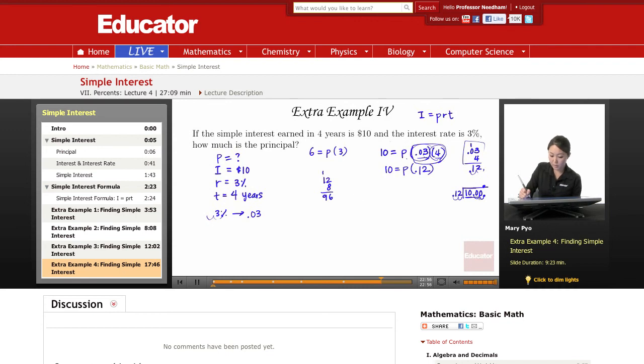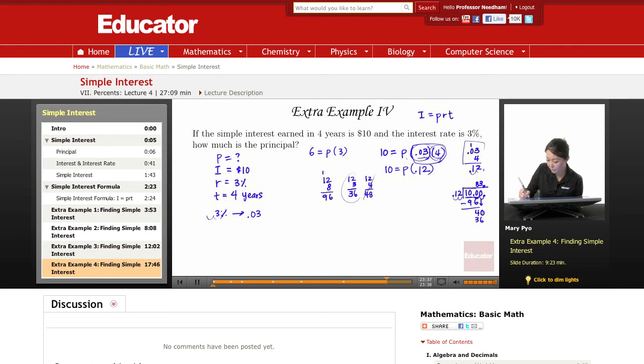Okay, so 12 times 8 is 96. Subtract it. 100 minus 96 is going to be 4. Bring down the 0. 12 goes into 40. How many times? 12 times 3 is 36. 12 times 4 is 48. Well, this one's too big, right? So I know that it has to be the 3. So plug in the 3 in here.